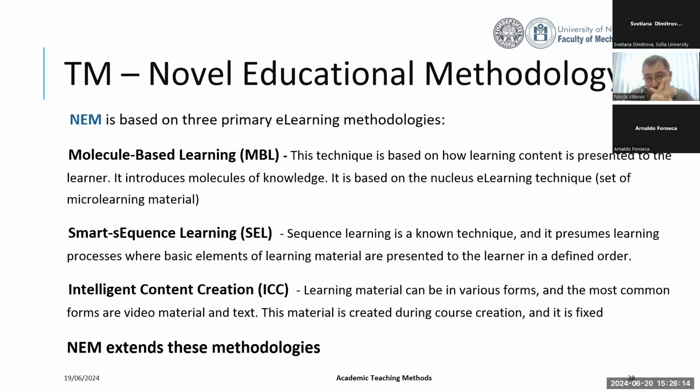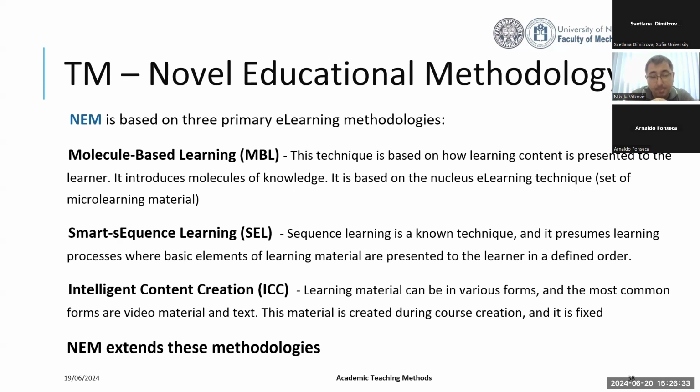The NEM is based on three primary e-learning methodologies. Maybe they're not alone, there are more, but these ones are very good, and these ones were used to create this kind of methodology.